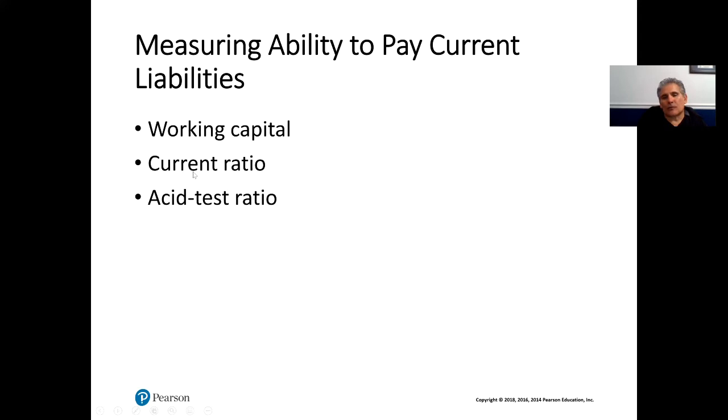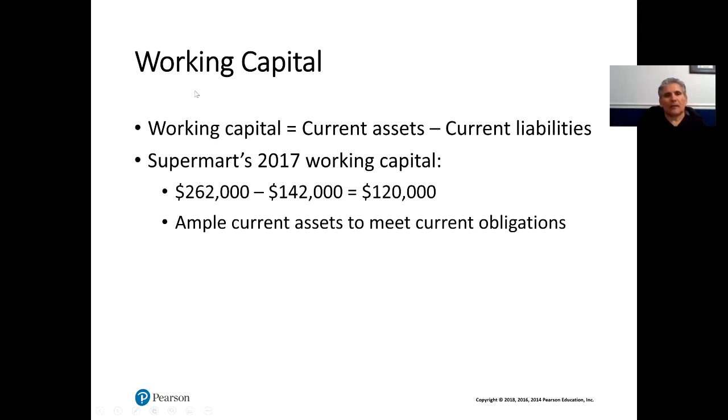There are three ratios that we're going to review in this course: working capital, current ratio, and the acid test ratio. Working capital is simply going to give you the difference between your current assets and current liabilities. So the formula is working capital equals current assets minus current liabilities.